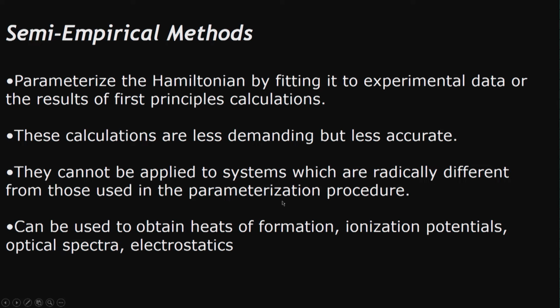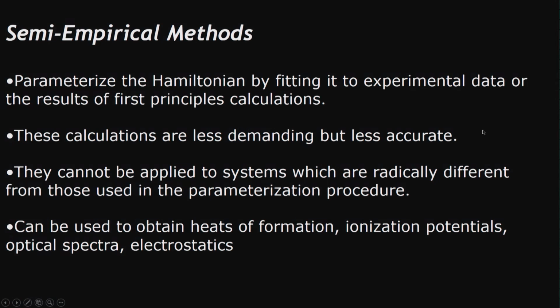Just like your molecular mechanics, although we can sometimes use it, but accuracy wise they are not really very accurate, okay. But it can be used for different systems, but if too much different, then it is not correct.